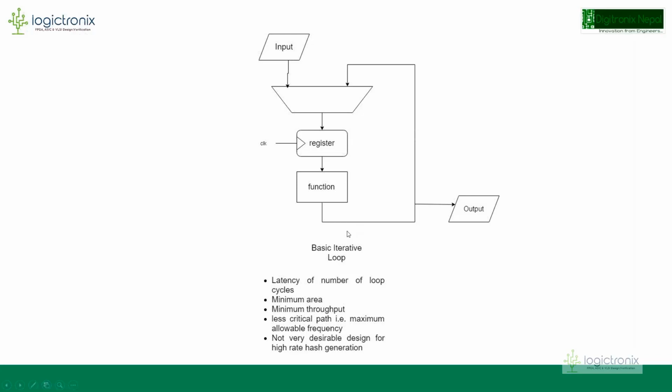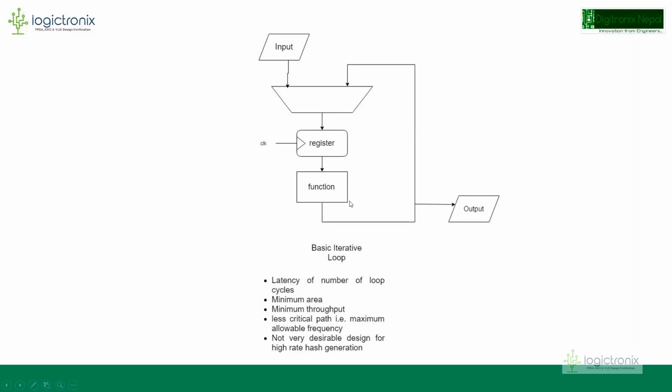So what are the characteristics of this design? The first characteristic is that it has latency the same as the number of loop cycles. If it is repeated 24 times, then it has a latency of 24 clock cycles. In the case of Keccak, it's 24 cycles.